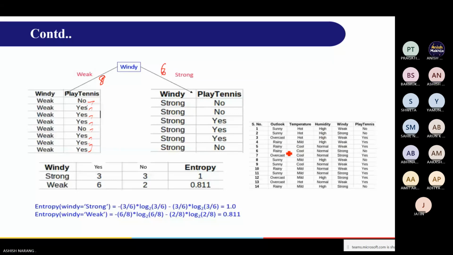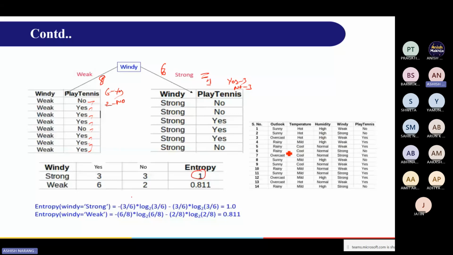If it is weak, I have 6 yes, 2 no. For strong, 3 yes and 3 no. Without calculation, can you tell me the entropy when the wind is strong? 1, because it's a 50-50 split. Maximum entropy.